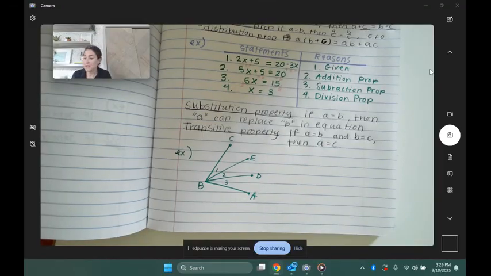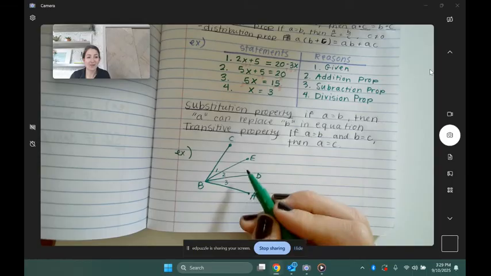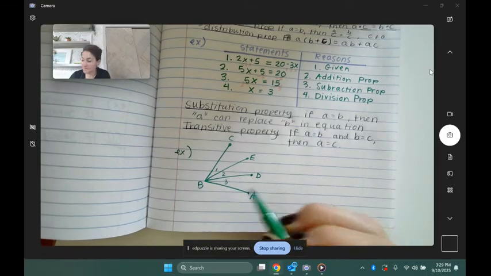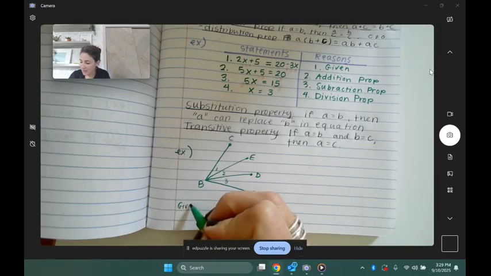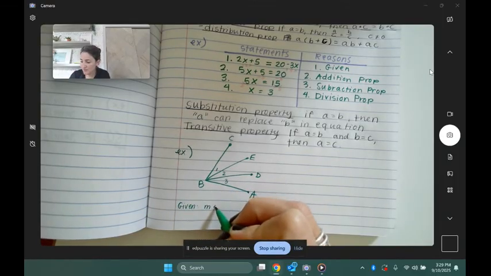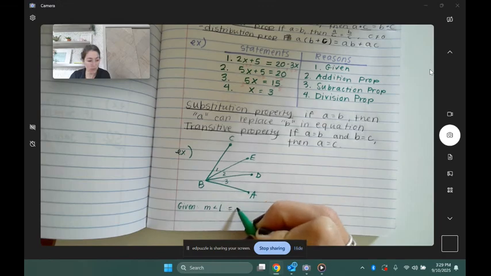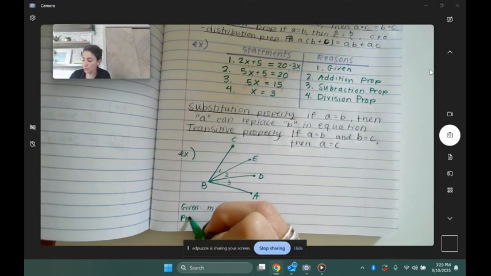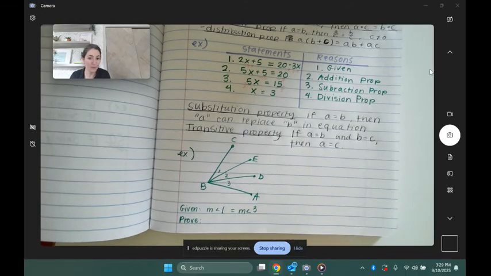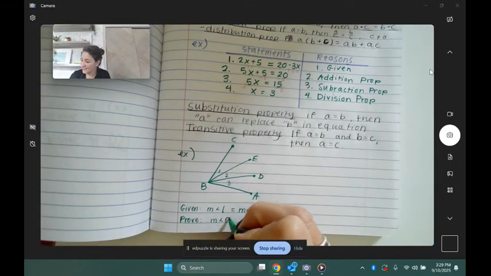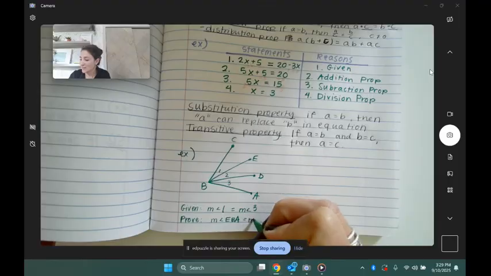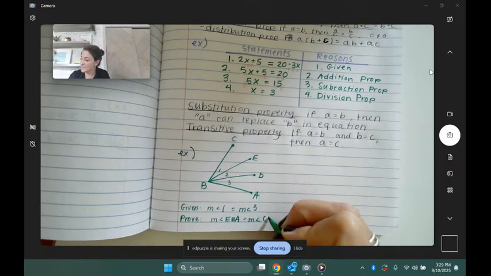Okay. So this is what a proof is going to look like. It's going to give you a picture, usually with nice labels. And then it's going to say down here, given the measure of angle 1 is equal to the measure of angle 3, prove to me that the measure of angle EBA is equal to the measure of angle CBD.